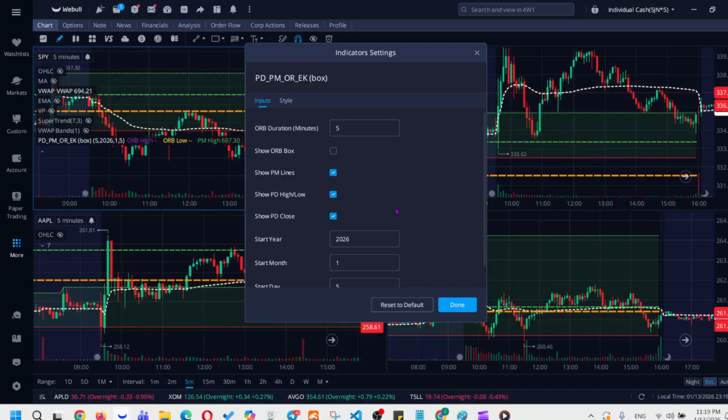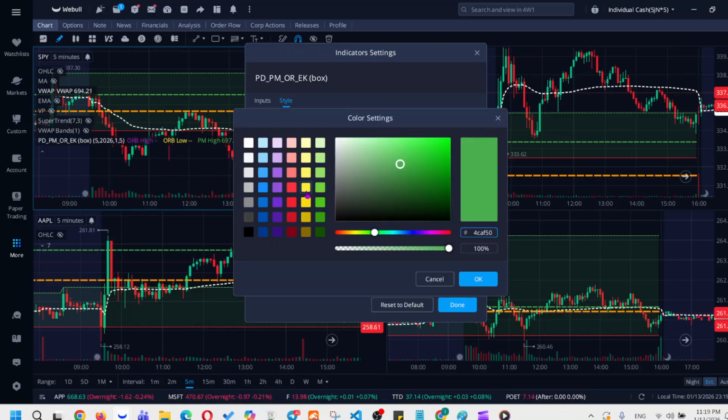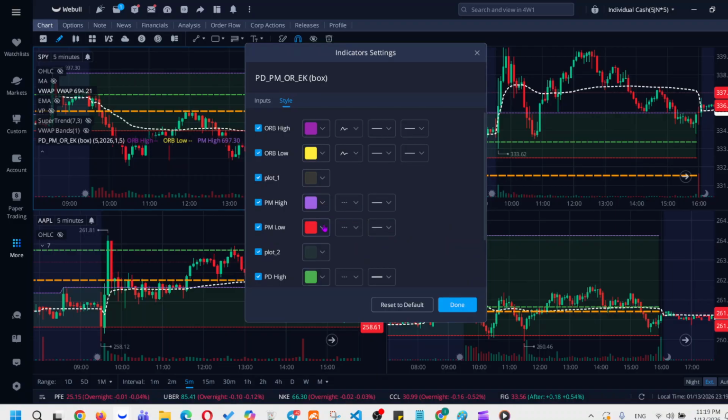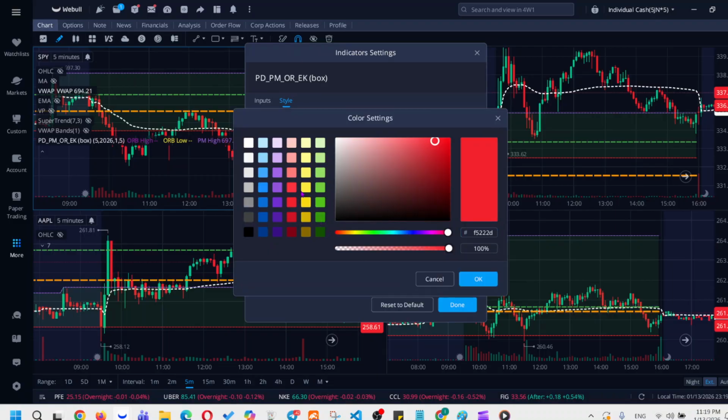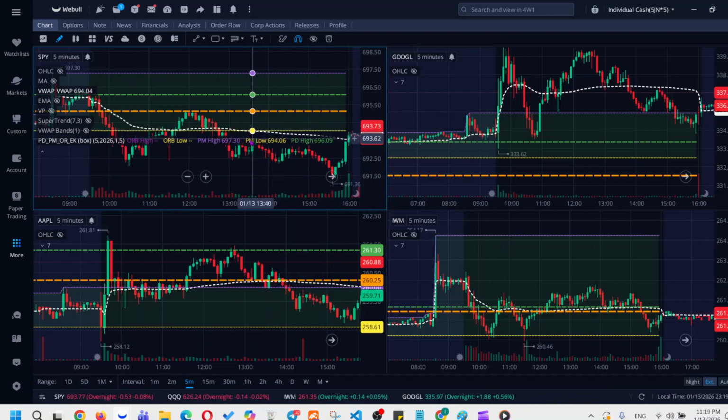Now it's gone. And just to differentiate, I come to the style, and for the pre-market high and low, I change them to purple and yellow. This way we can differentiate the previous day close and the pre-market.